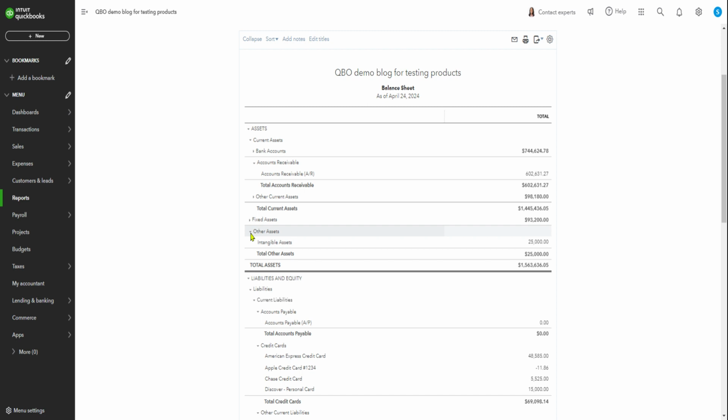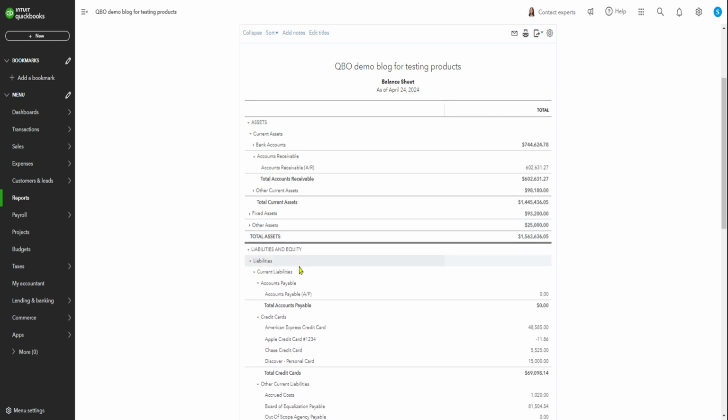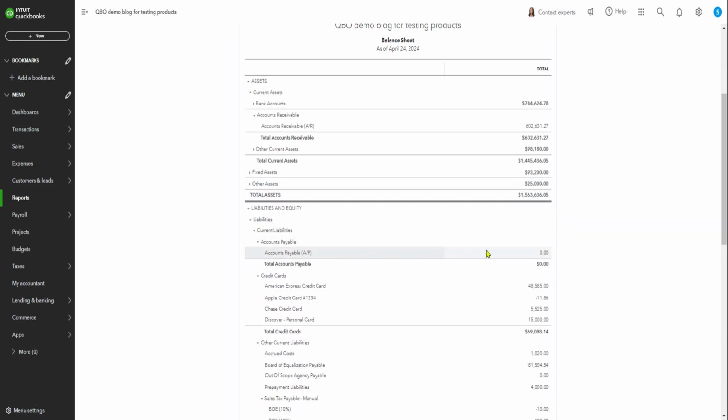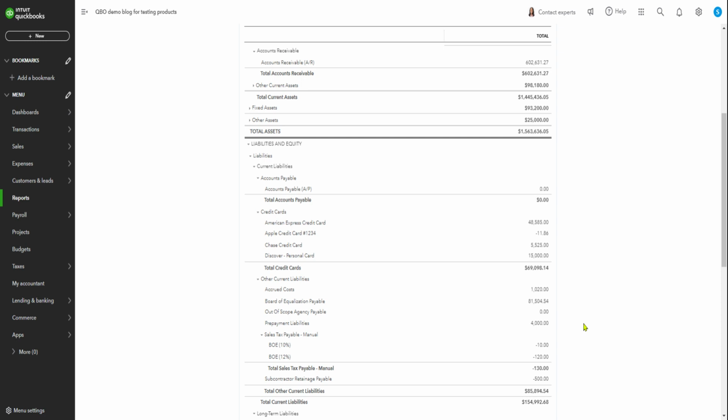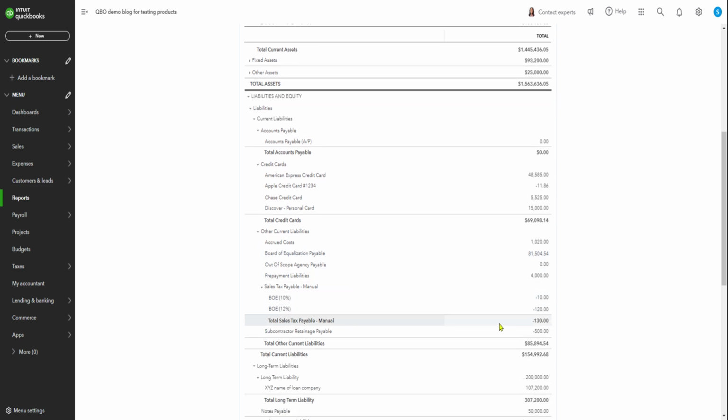on the liability side, I don't have any accounts payable. I don't owe any money to vendors. Normally you'll have vendor liabilities too. I owe certain credit cards like American Express, Chase, and Discover, and then I owe some money for sales tax, that kind of stuff, and you need to include all those.